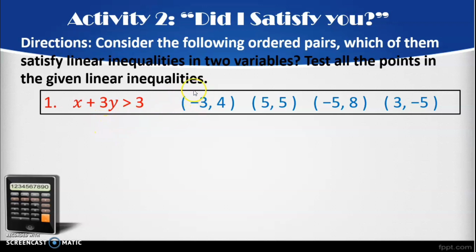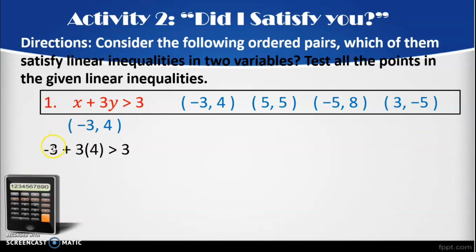So, isa-substitute lang natin ang mga values sa given na ordered pair. We will start at negative 3 and 4. Substitute natin sa original inequality, x plus 3y greater than 3.